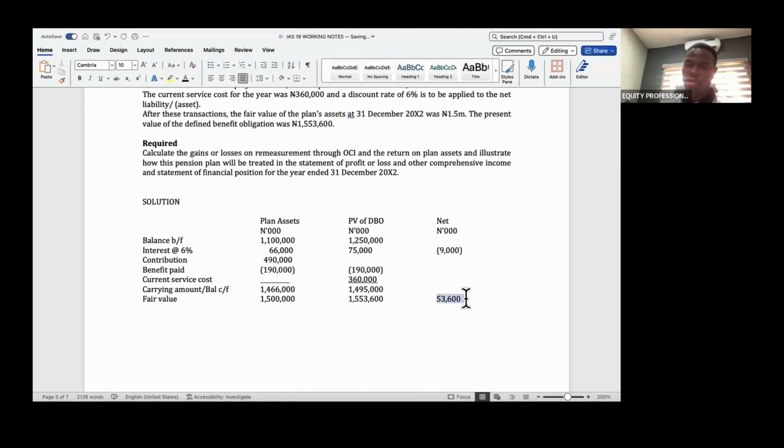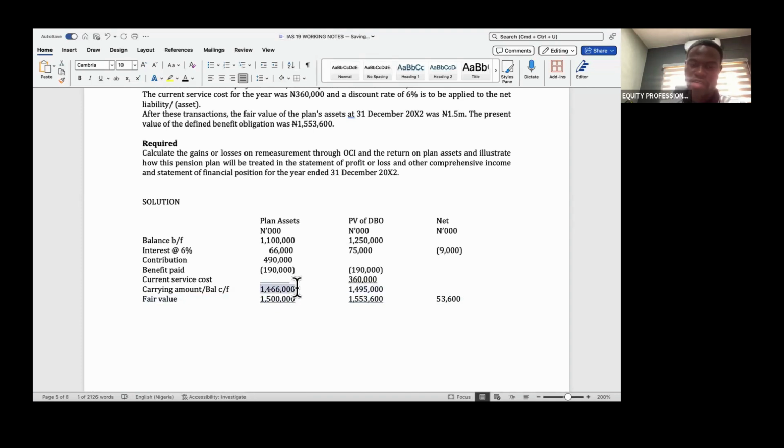This one will go to the statement of financial position under liabilities. Additionally, this fair value that they gave us for the asset and liability, we would also get to look at changes in value.